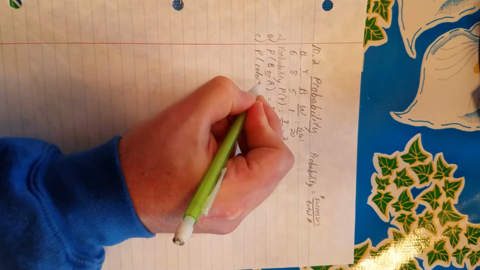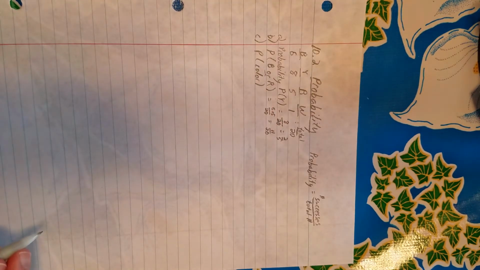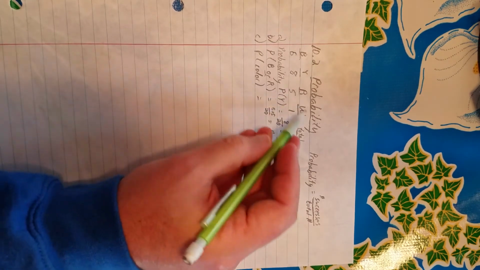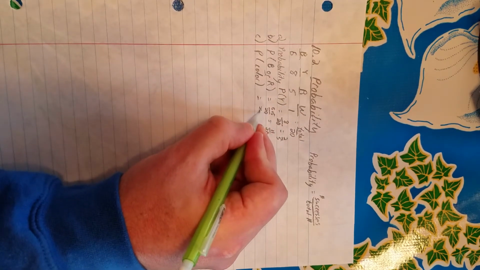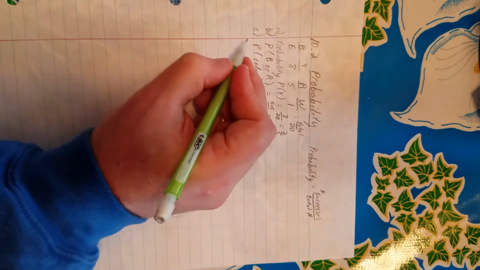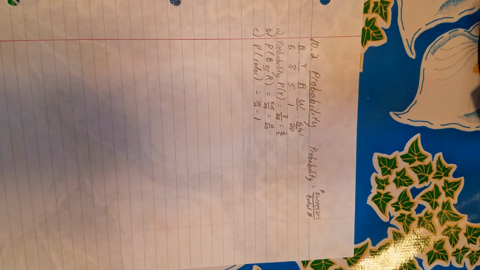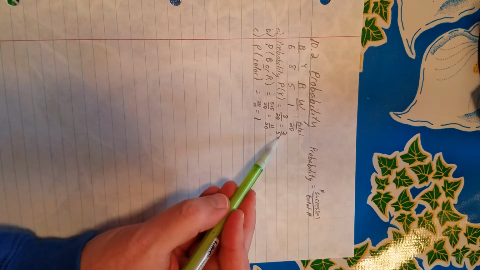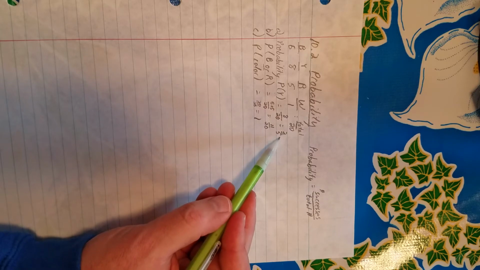Third question, what's the probability of picking a colored marble? All right, assuming these are all colors, then it would be 20 over 20, which is just 1. We could change these to percentages too. I'm not going to, but we could have said 100% for this first one. 0.4 becomes 40%.